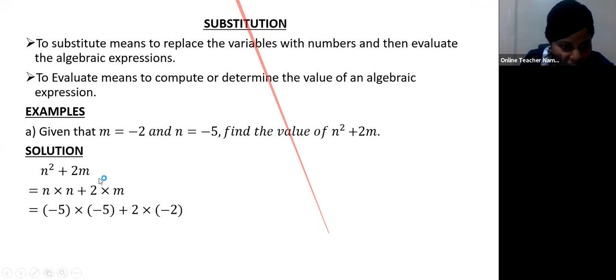Since we know that when you multiply a negative times a negative, your product is supposed to be positive, -5 times -5 should give us a positive 25. A positive 2 times a -2 gives us a -4. Evaluate that, find the value. 25 minus 4 will give us 21.